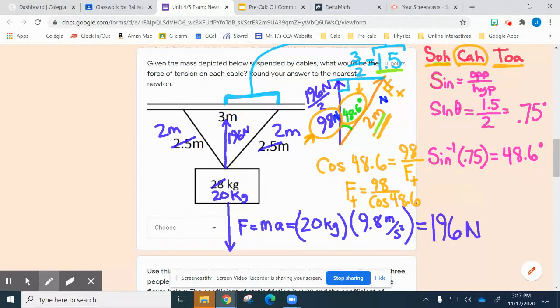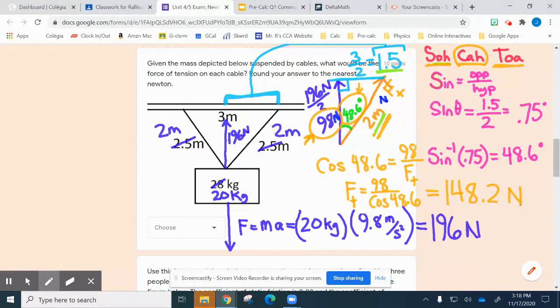Again, always make sure your calculator is set properly in degrees, assuming you're working in degrees. And that gives us an answer, and this is our final answer, of 148.2 newtons.